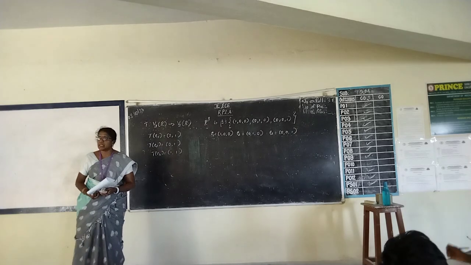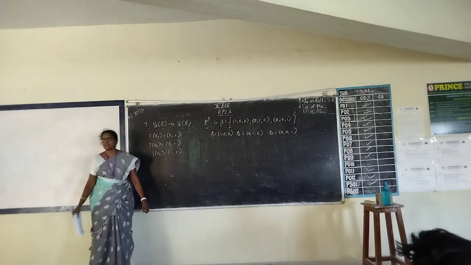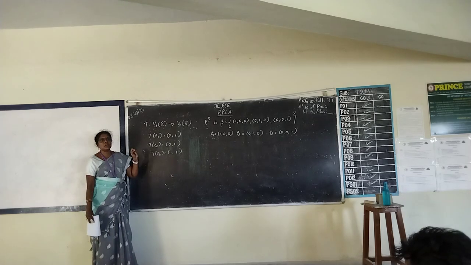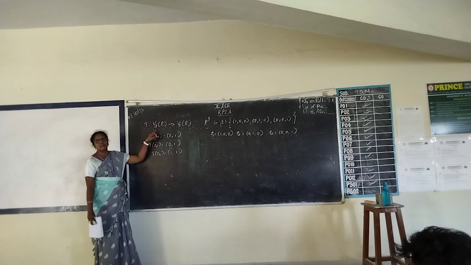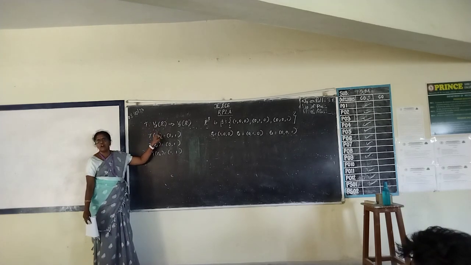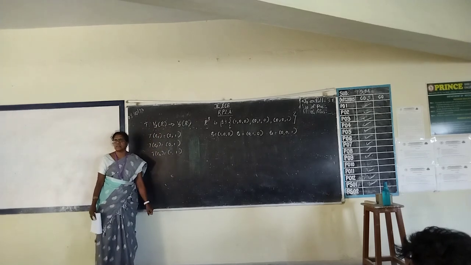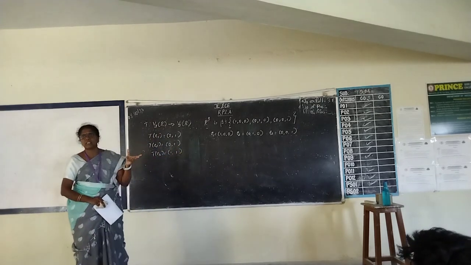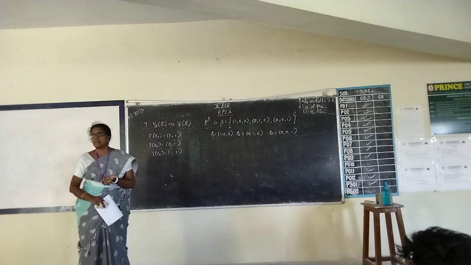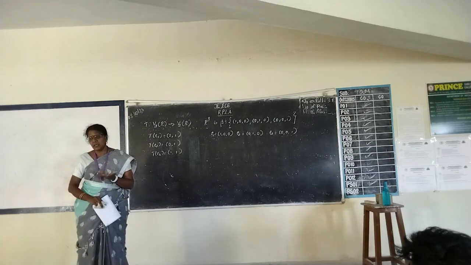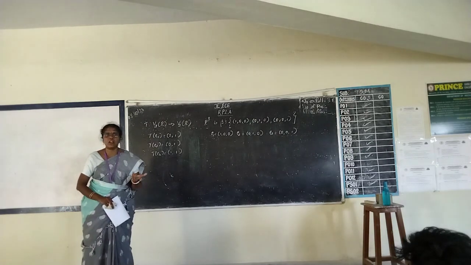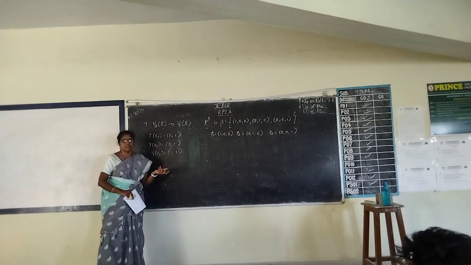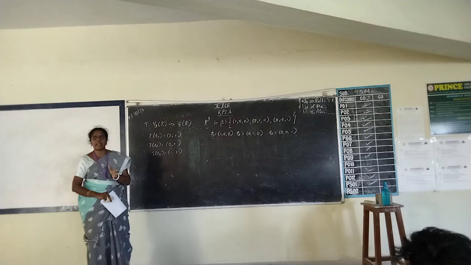Do you all remember what the next step is? We have to identify the transformation. We have to assume a generalized element from our V. How can we assume it? Not a specified one, a generalized one.